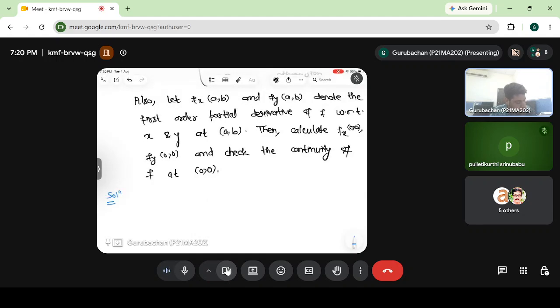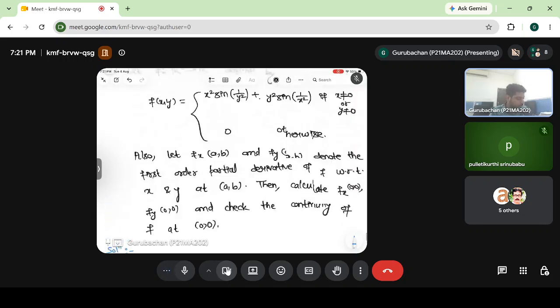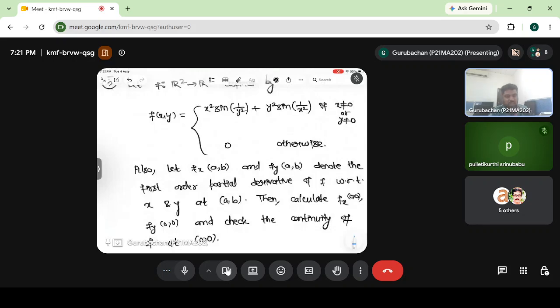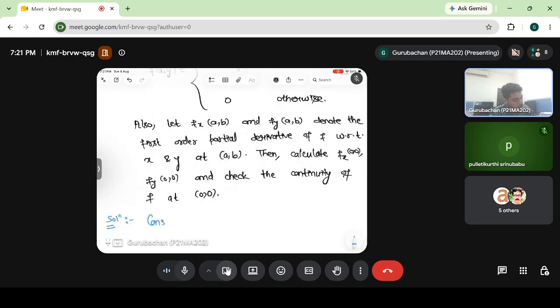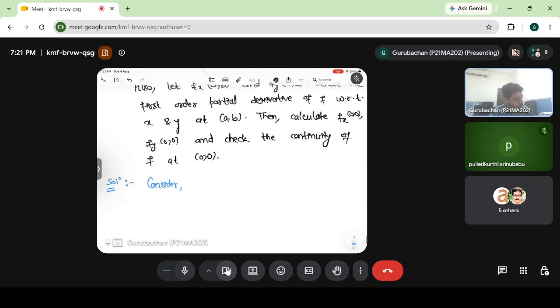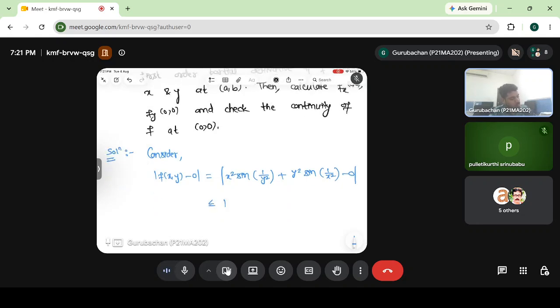So how can we see the continuity? Again by the epsilon delta definition. The sequence will be almost the same, so let me quickly do it. Consider f(x, y) minus 0. So this will give you x square sine 1 by y square plus y square sine 1 by x square minus 0. This will be less than or equal to x square plus y square.